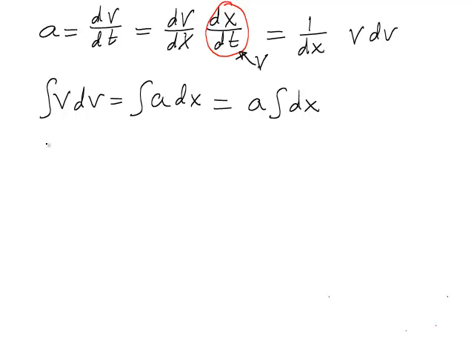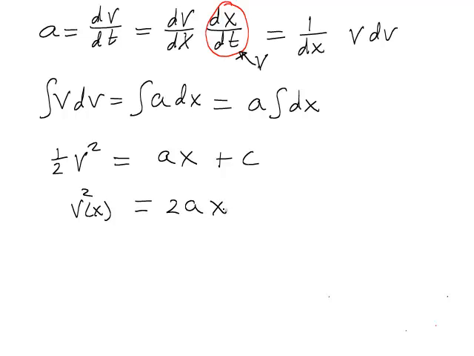And when I look at this, I can then say, well, this will give me 1/2 the velocity squared is equal to the acceleration times whatever my change in my position was. So now if I'm looking at this, I also have to have my plus c, and I can solve for the velocity as a function of position squared to be 2a, the distance traveled, plus 2c.